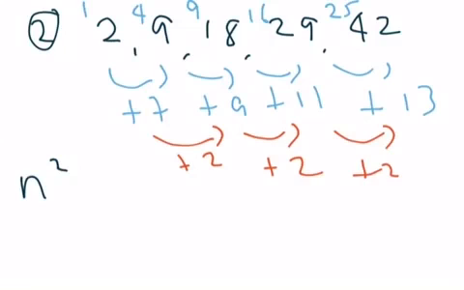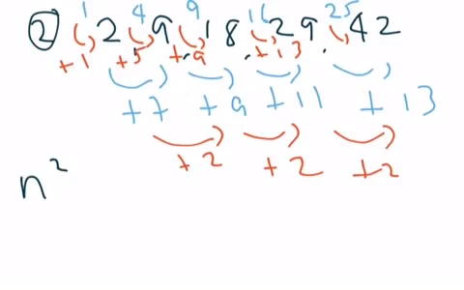How do we get from 1 to 2? We add 1. 4 to 9, we add 5. 9 to 18, we add 9. 16 to 29, we add 13. 25 to 42, we add 17.